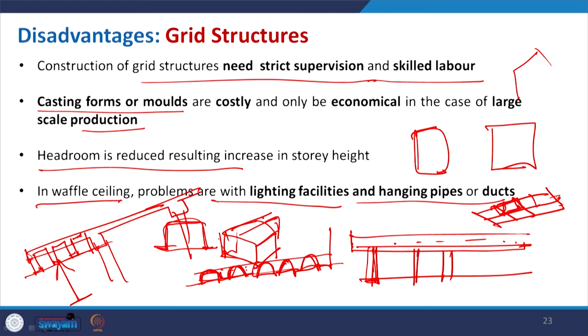And also for the hanging pipe services or ducts, if they are not inbuilt the way I have shown in the services, that is how you can put all these services within the waffle slab construction, then it will be a little bit tough and it will look ugly if it is not properly executed. So, that is one of the disadvantages.